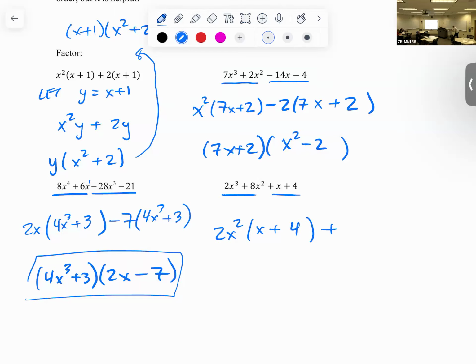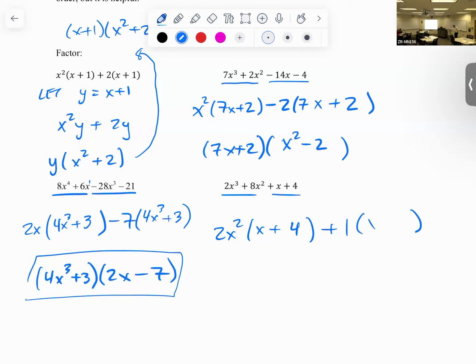Second terms, Anya. 1. Well done. Now, this is also why I recommend putting the 1 here as a placeholder, +1. Way too often I see people not writing their signs, and especially, this is the trickiest case right here. This is just a +1, but I write this in to make sure that when I pull it out in the last step, I have a placeholder there. And then, of course, what remains?